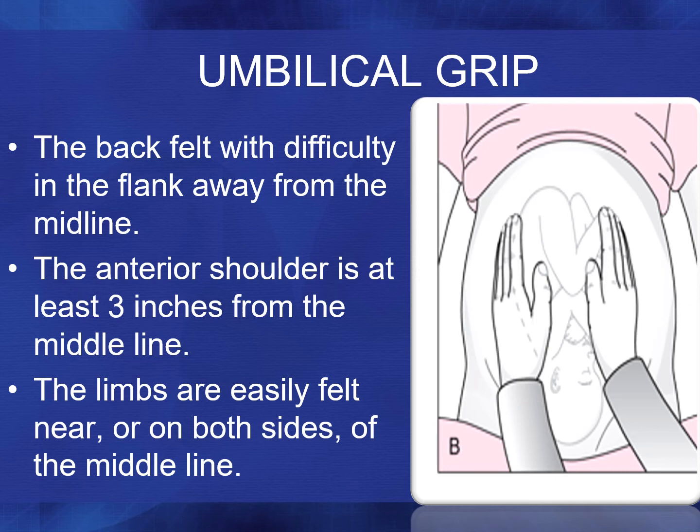And the anterior shoulder, if you are feeling for the shoulder, usually it will be towards the midline, but here it will be 3 inches away from the midline. And the limbs are easily felt near or on both sides of the midline. Here the fetal limbs will be towards the midline, and the back will be towards the flank.